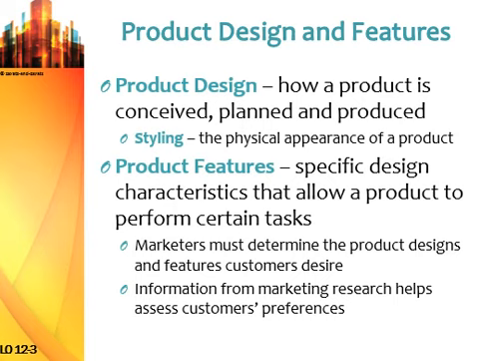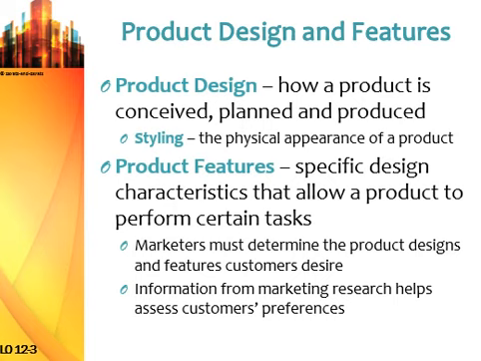Product features are specific design characteristics that allow a product to perform certain tasks. For example, cars can be made safer by adding more airbags, or new Tesla cars have collision avoidance systems.